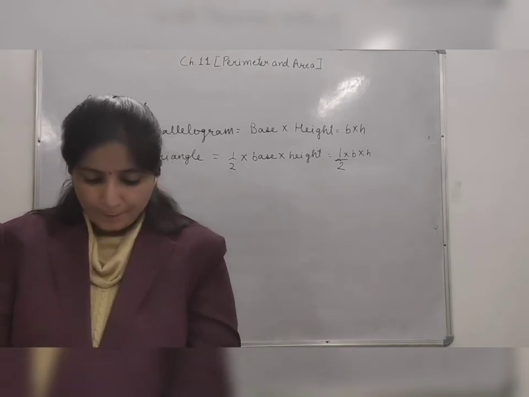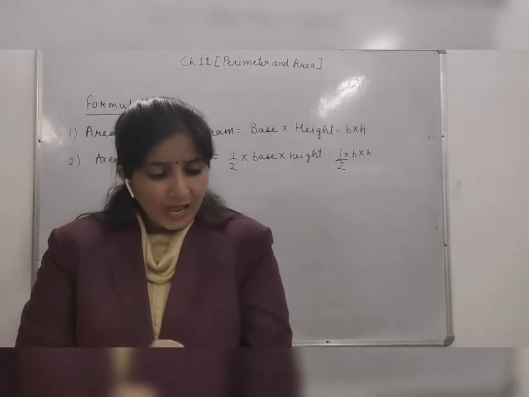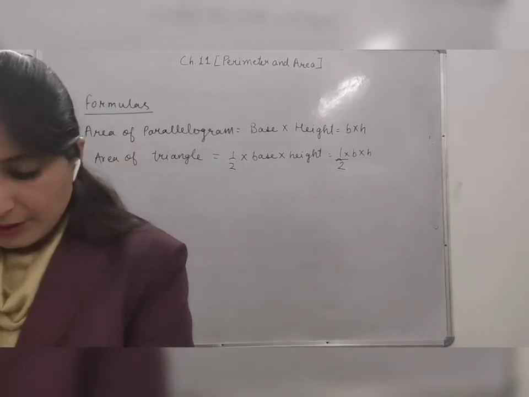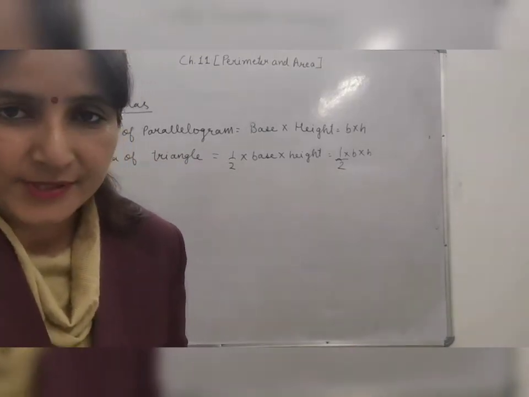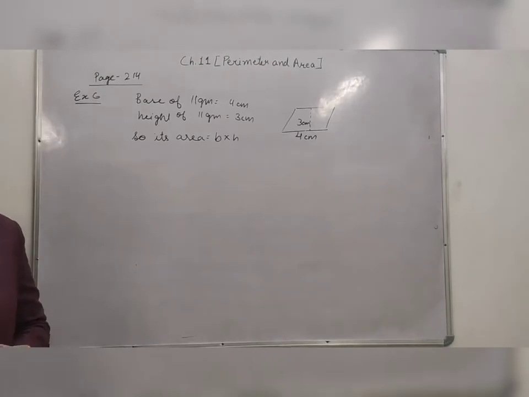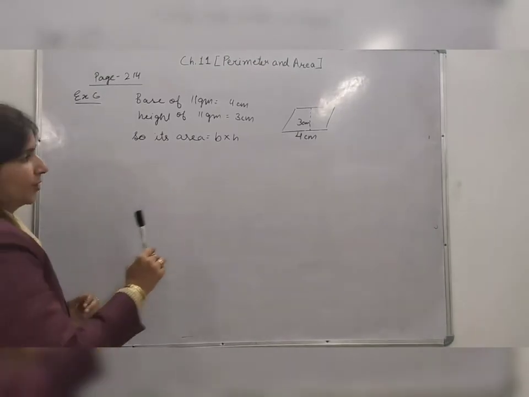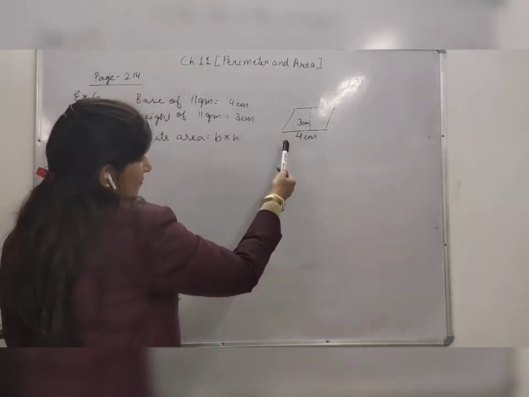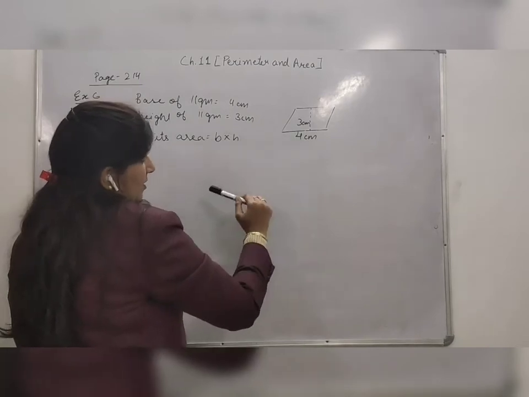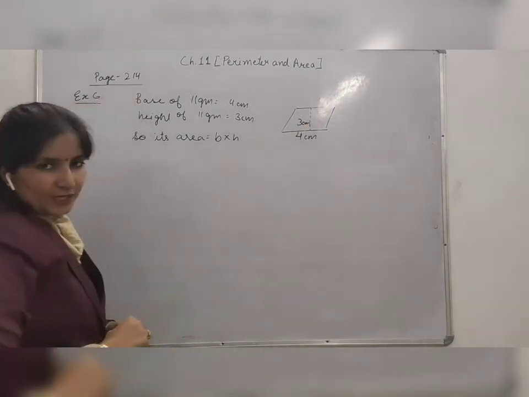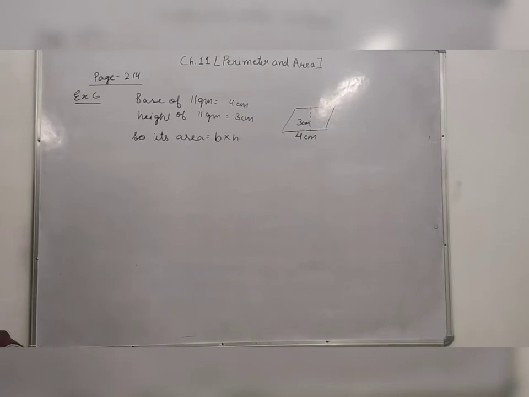Okay. Now after this we have to start the examples. In example number 6, students, a parallelogram is given in which the base is 4 cm and the height is 3 cm, and we have to find the area.